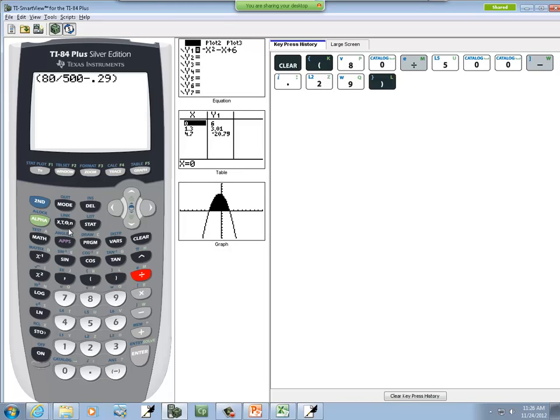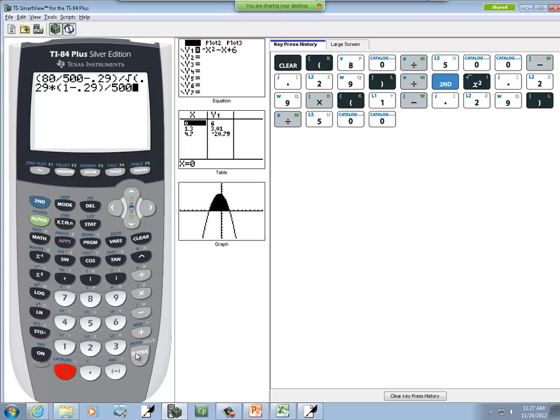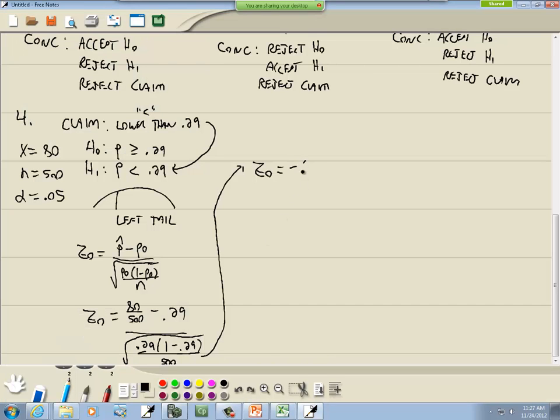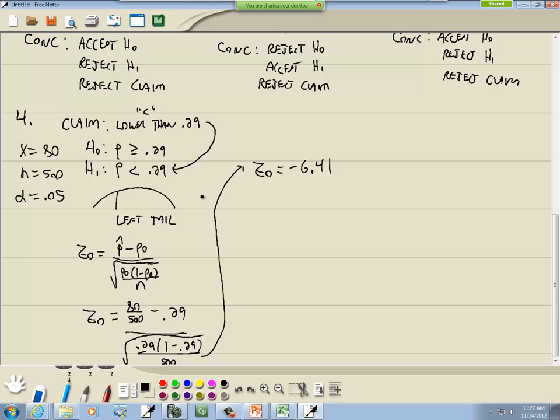Close parentheses divided by the square root of 0.29 times beginning parentheses 1 minus 0.29, close parentheses divided by N, which was 500. Kind of a big value. Negative 6.41, assuming I typed everything in correctly. 80 divided by 500 minus 0.29. Yeah, it looks right.